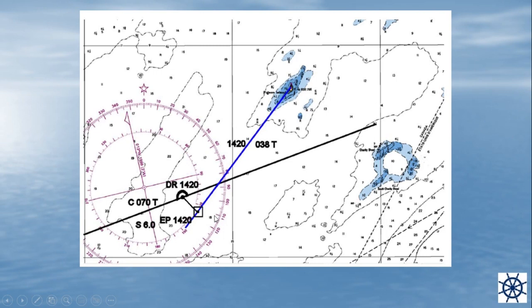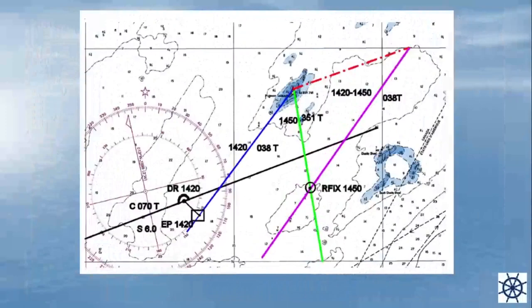And after a couple of minutes, after 30 minutes, you will take another line of position, the green one, which is the second line of position, bearing 351 degrees true.